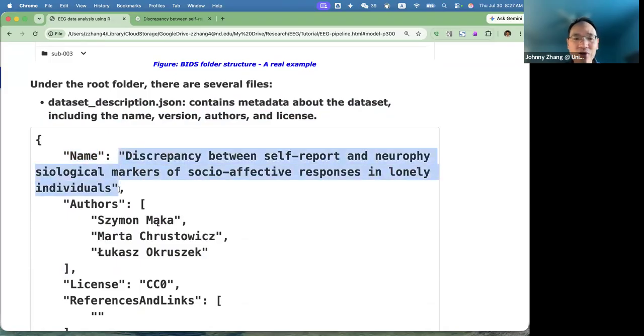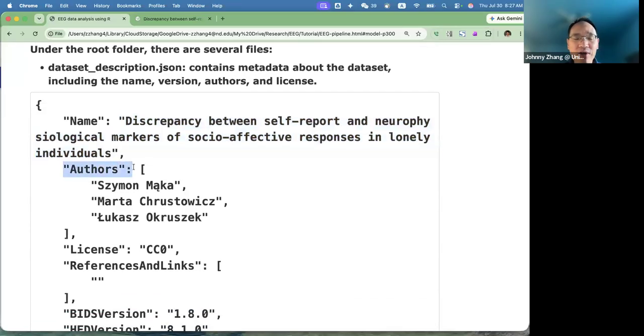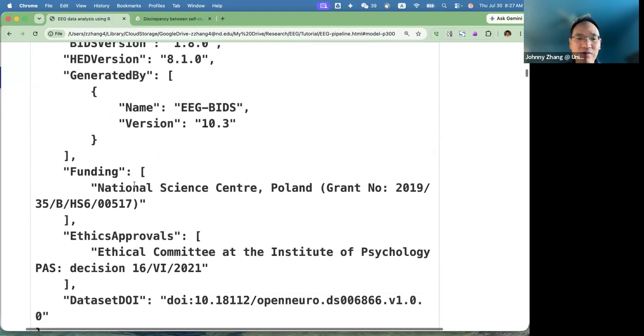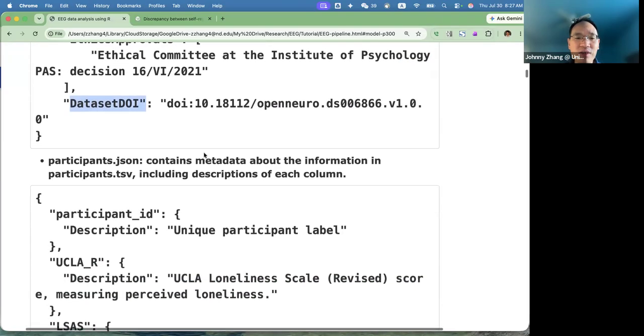Oftentimes for each project we have a name, but the value could be different. Different studies may have different names. And then we also have the authors of the data collection and other information like funding, IRB approval, and the data set's DOI for this particular data set. So this gives you the basic information.